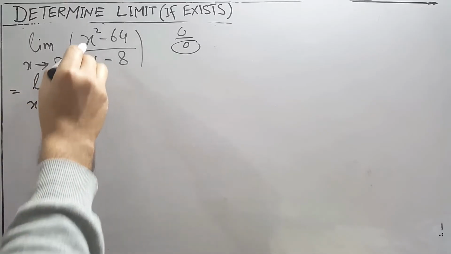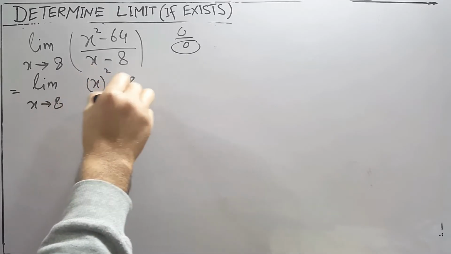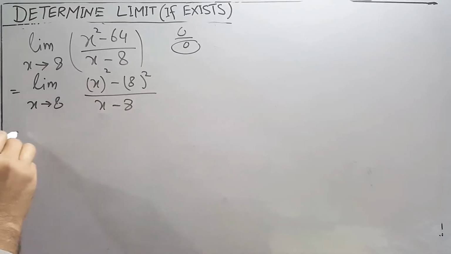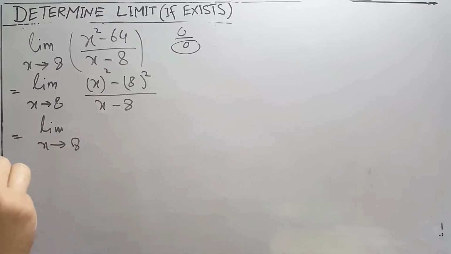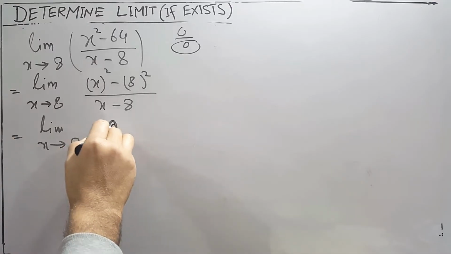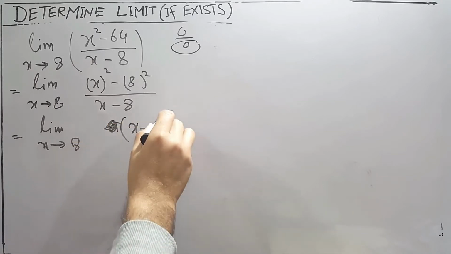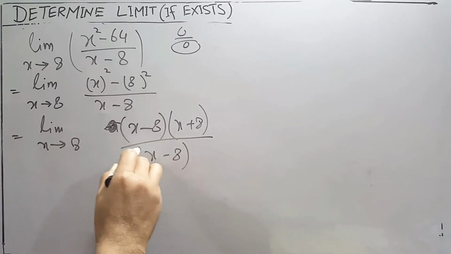simplify the problem. You know that x squared, you can write the above as x squared minus 8 squared, and then according to the formula, a squared minus b squared is equal to a plus b times a minus b. So we can write this as x minus 8 times x plus 8 divided by x minus 8.